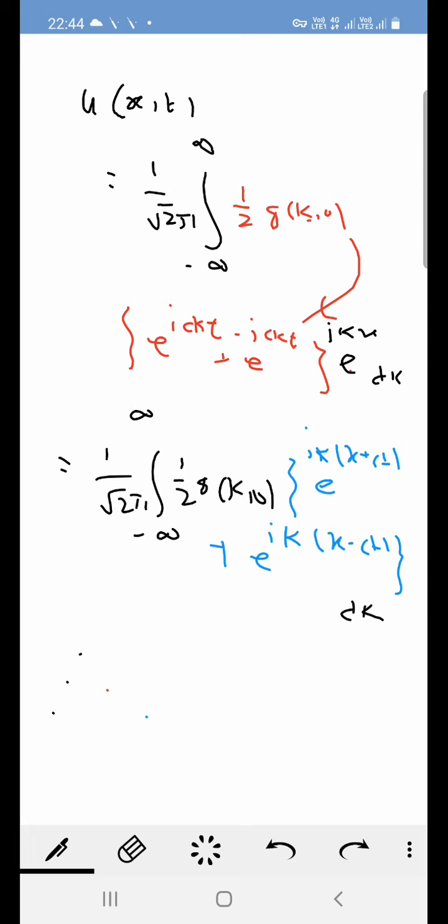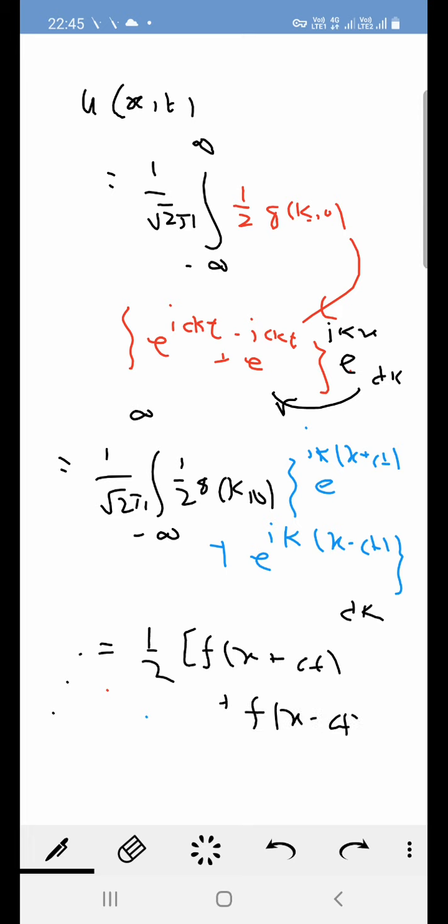What we have done here is simply taken this e to the power ikx inside the bracket. So this is the solution. We can write this as half of f(x plus ct) plus f(x minus ct). So this is one of the applications of the Fourier transform.